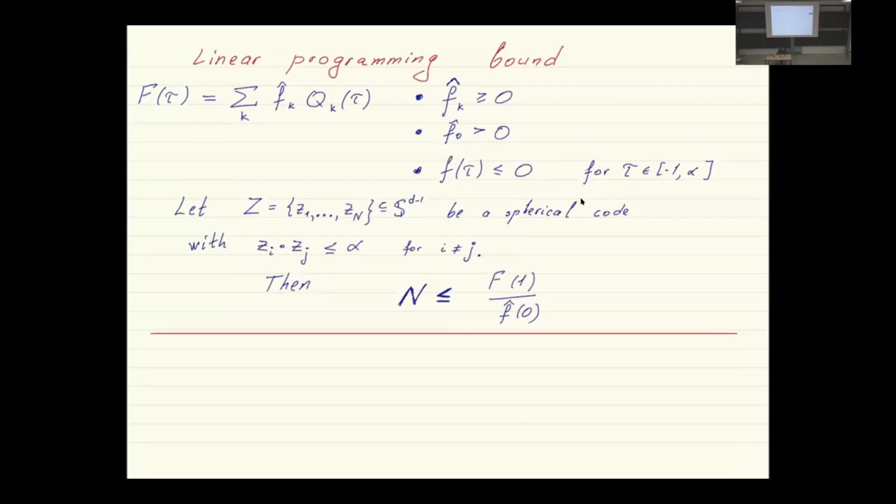We have that all the coefficients are non-negative, and the initial coefficient, the zeroth coefficient, is actually positive. Also, we have the property that the function, sorry, this should be capital F, the function capital F is negative for tau below a certain value alpha.